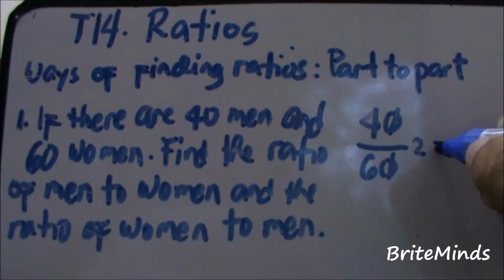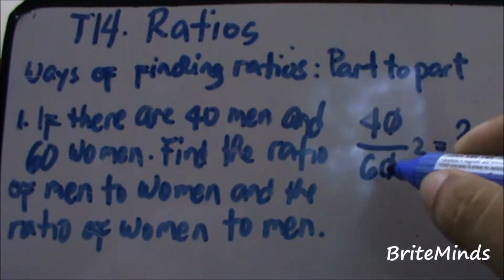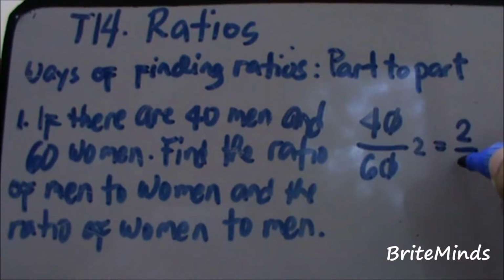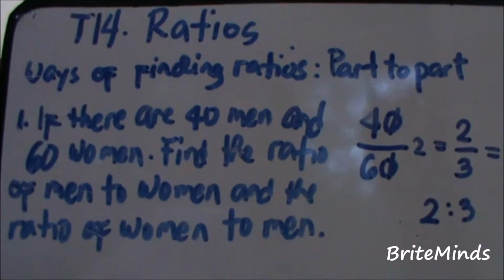So 4 divided by 2 is 2, and 6 divided by 2 is 3. So our ratio is 2/3, or 2 men is to 3 women. That is the ratio of men to women.